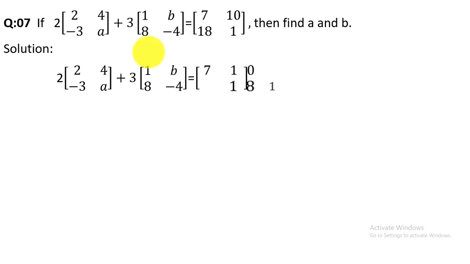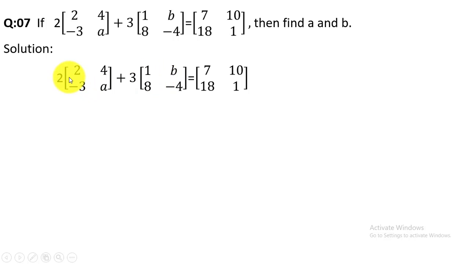Solution: we write 2 into the matrix having elements 2, 4, -3, A plus 3 into the matrix having elements 1, B, 8, -4 is equal to the matrix having elements 7, 10, 18 and 1. In left hand side, we first multiply 2 with this matrix and 3 with this matrix.